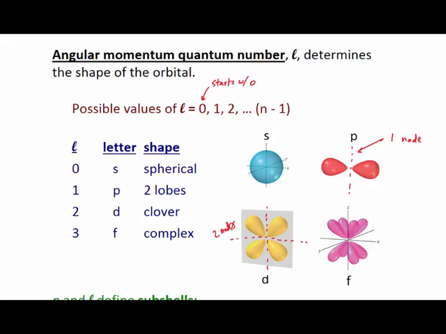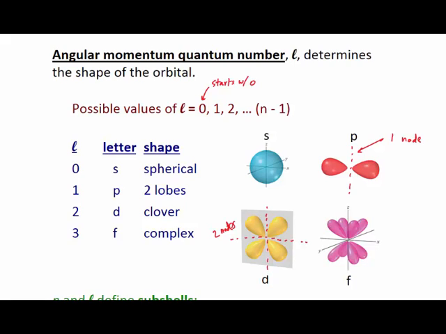The f orbitals become far more complex in shape. That's just one of them. But some of them end up looking kind of funky too. But again, as l increases, the number of nodes increases with that.